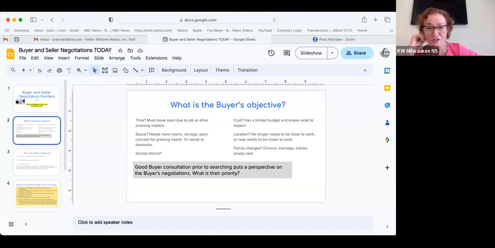Is it family changes? Some things might be personal and sensitive to them, but they are all very important for you to know, so that you can negotiate for your buyer. Obviously, this means you have to have buyer agency and that you are understanding all the responsibilities of buyer agency.